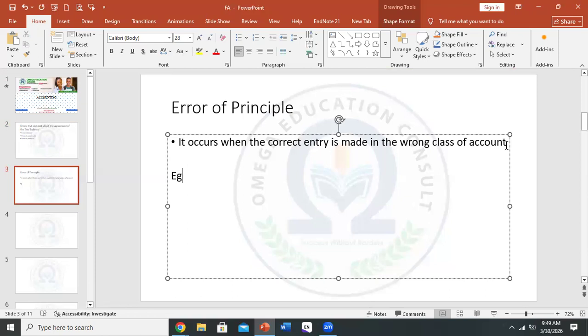Now let me give you examples based on this category. So example one is when you record sale of assets in sales account. That's one category. Another one is when you record purchase of an asset in purchases account.